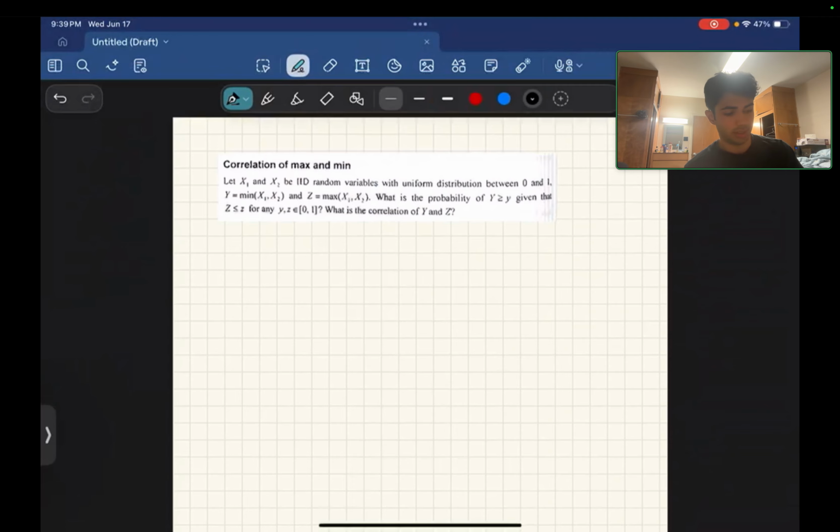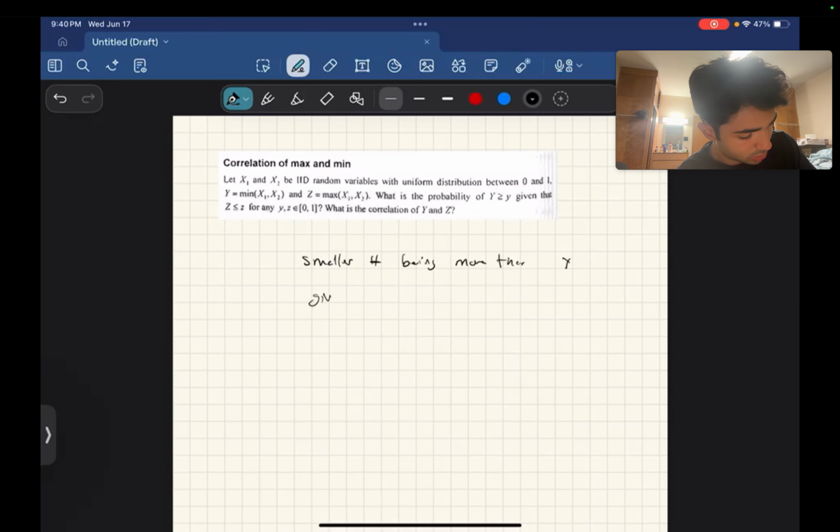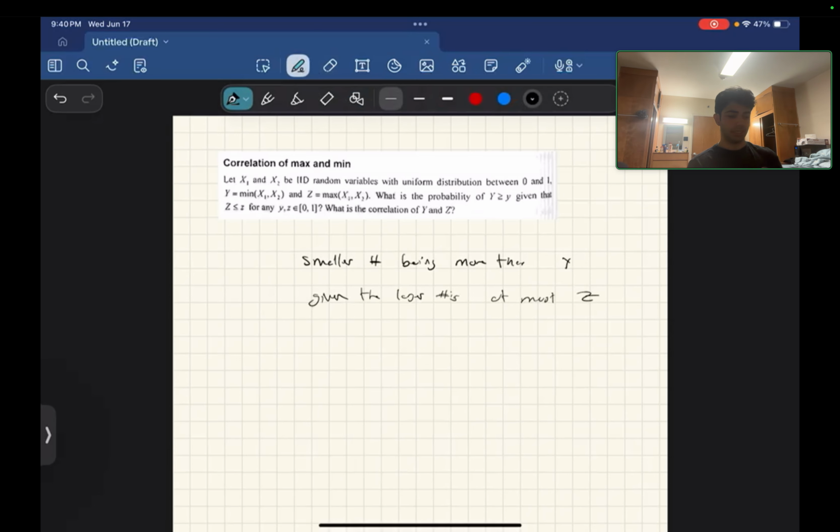So the first part asks us the probability of y, which is the minimum, the smaller number, being more than y, given that the larger number is at most z, some number z.